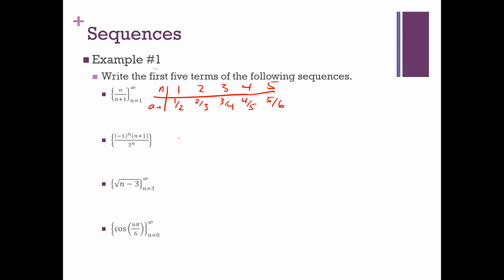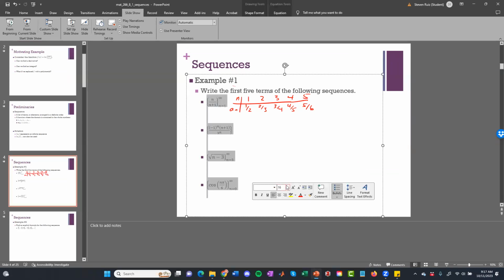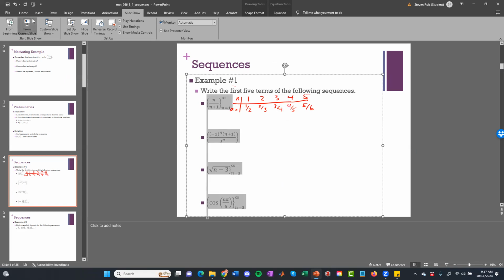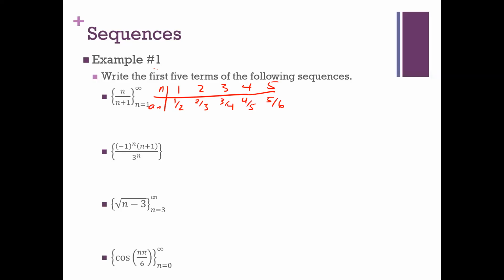What was the starting index for the next one? It'd be 1, right?